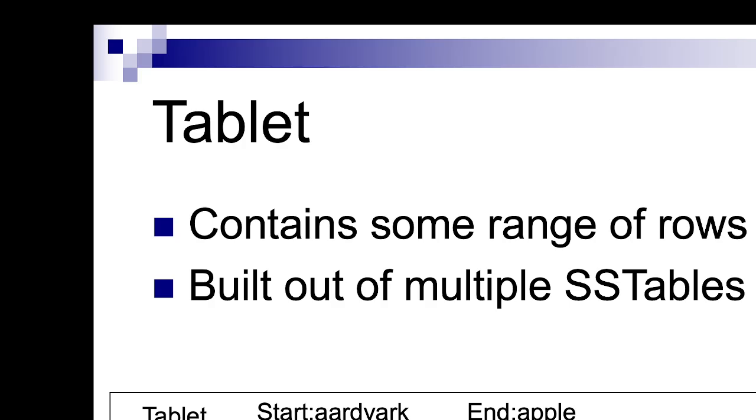Tablets are basically containments of the same range of rows of the table, built out of multiple SSTables. An SSTable, as we saw, consists of 64 kilobyte blocks with an index at the start, and that works as the quanta for the tablets.